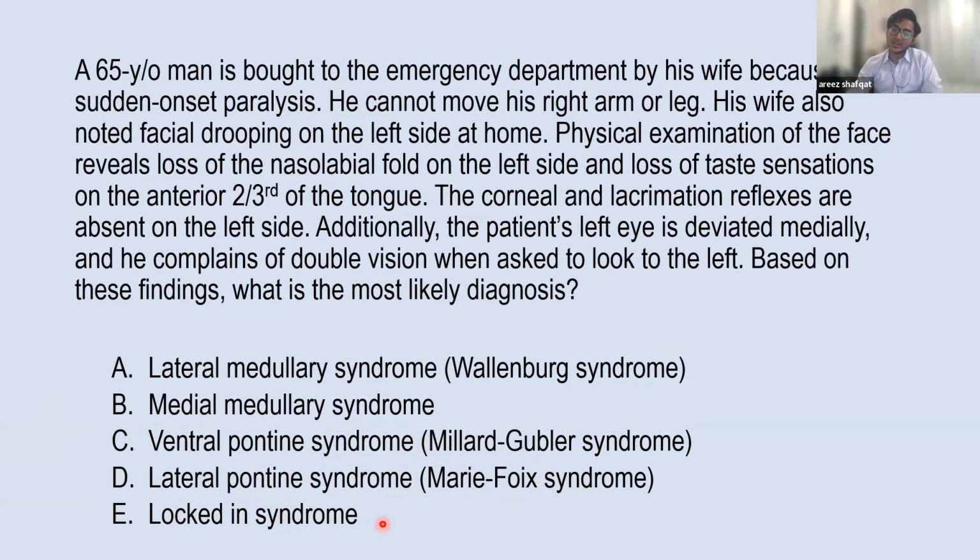Locked-in syndrome is what you get with the previous question. If you get central pontine myelinosis or central pontine myelinolysis or osmotic demyelination, these are all different names for the same thing, you get something called locked-in syndrome, quadriplegia with preservation of eye movements up and down.